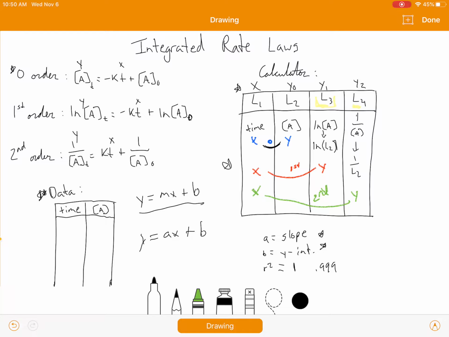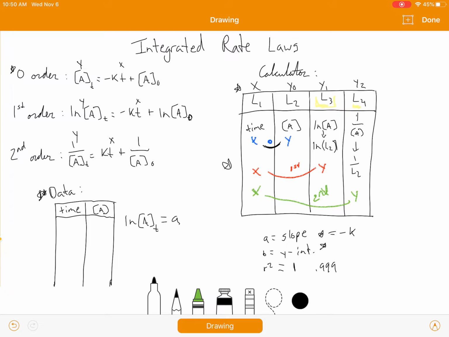So let's say that the data fits perfectly. You get like 0.99999 for the first order equation. What that means is that, if you're writing out the integrated rate law for that equation, you would say the natural log of the concentration of A at time t is equal to, and it will give you the slope, and when it pops this slope out, that is negative k.